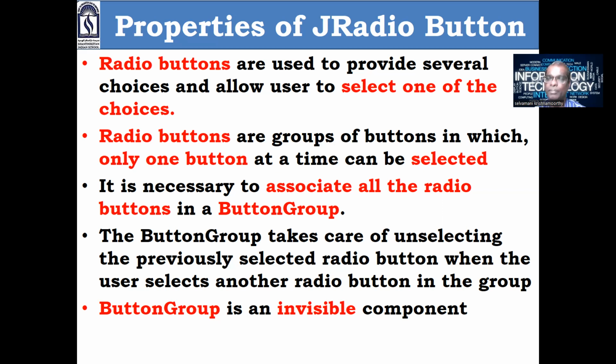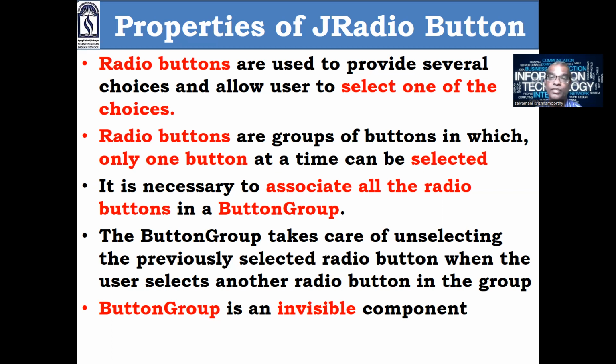If you select male, automatically female will be deselected. Similarly, if you select female, automatically male will be deselected. That is done by the button group. The same logic applies to year of studying also. So the button group takes care of unselecting the previously selected radio button when the user selects another radio button in the same group.